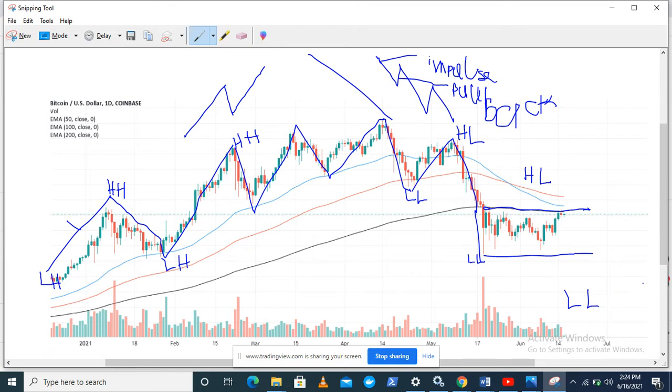But if the reverse is the case and it closes below the 30K level, that is an indication that sellers are going to take control. It could send prices further down to 20-something K, more lower prices as a result. So that is it for a consolidatory or ranging market.